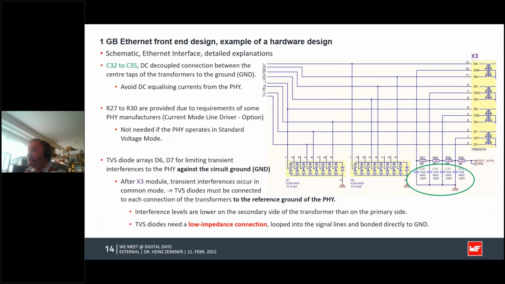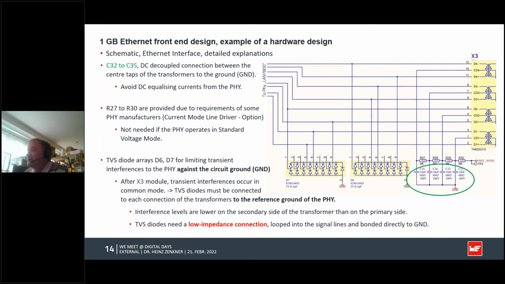The next point here depends a little bit on which kind of Phy you use. You see here there are capacitors which tap the center taps to the ground. The reason is if you have a Phy which has a DC offset on the different channels, and you connect them all together, and that Phy works in a so-called standard voltage mode, you may have a DC offset from one channel to the other, which is then shorted.